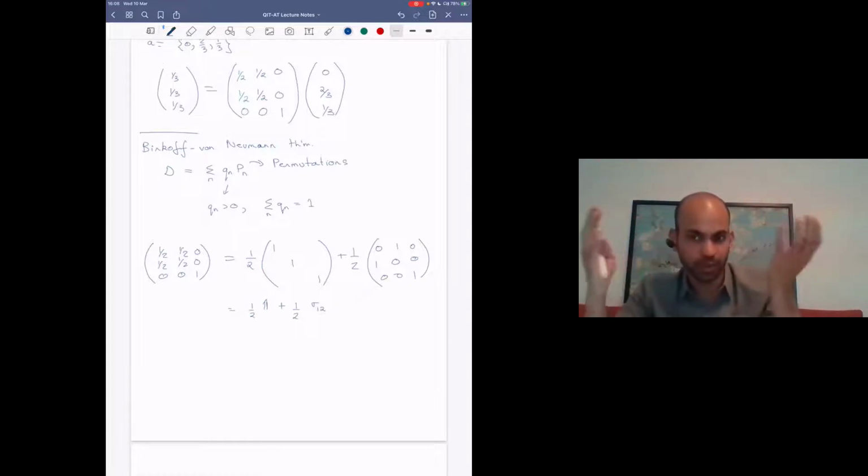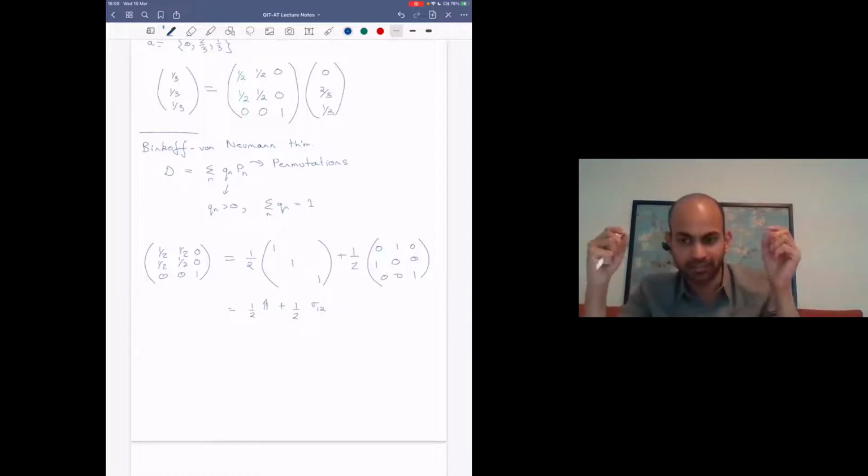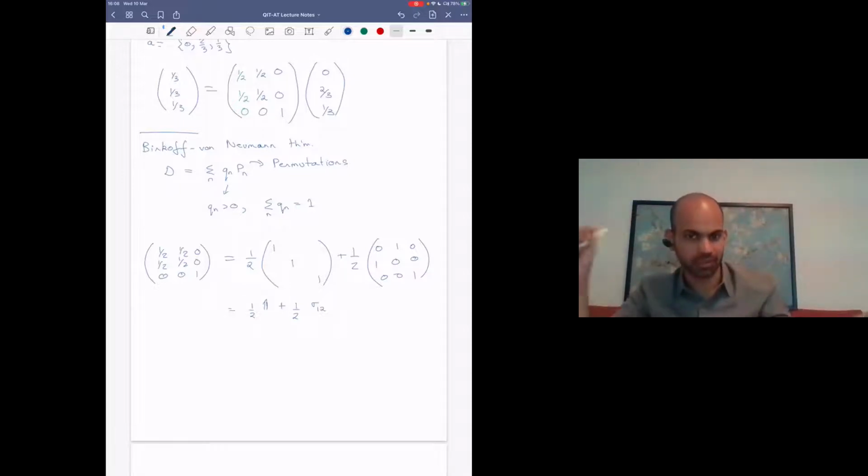And this set will be a polytope, which is the higher dimensional version of a polygon, for example in 2 dimensions, where the vertices of that polytope are essentially the permutation matrices. And every point within that polytope can be written as a mixture of the vertices, just like in the case of polygons.